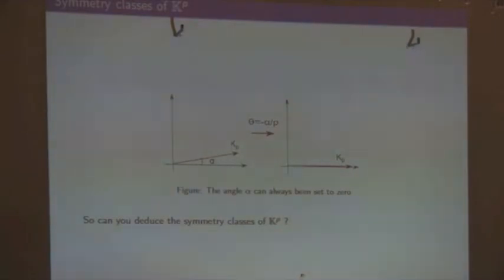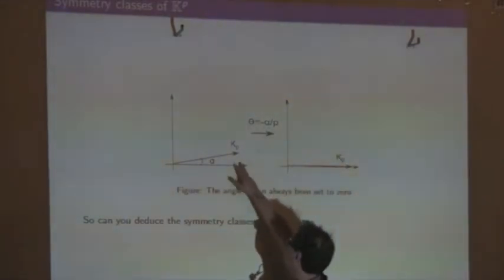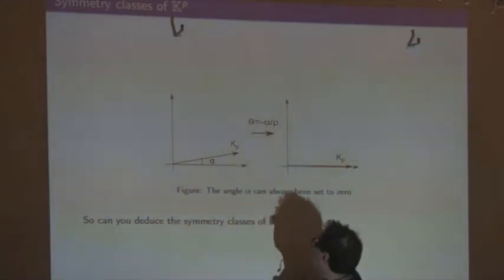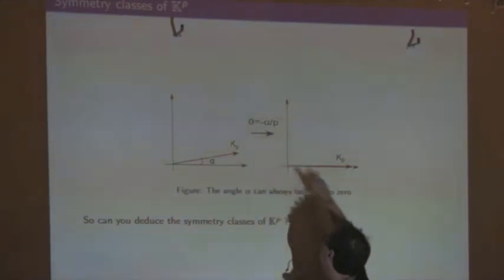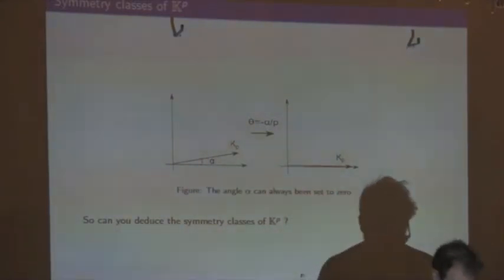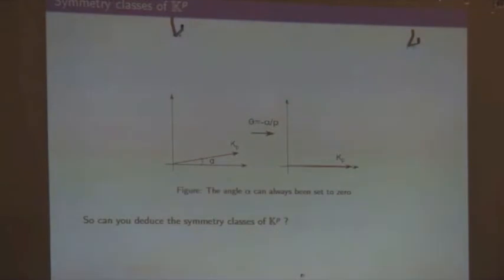But I can always find a rotation to fix its orientation. If I'm interested in the symmetry classes, I'm interested in the properties modulo rotation. So if I turn my tensor by an angle alpha over p, I will align my element on the x-axis. So we can deduce graphically what the symmetry classes of that element are.